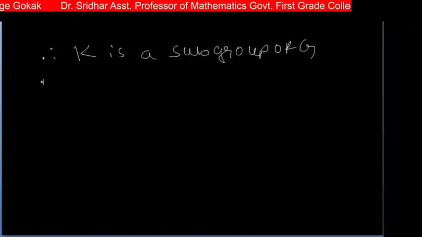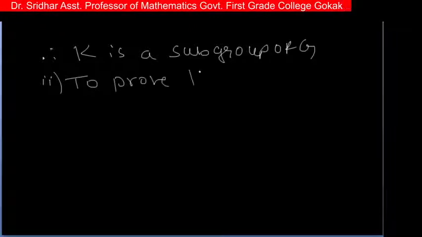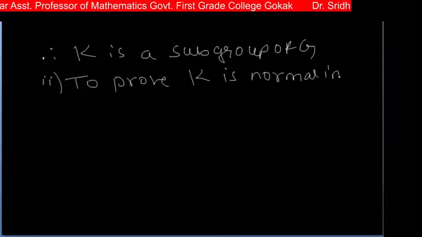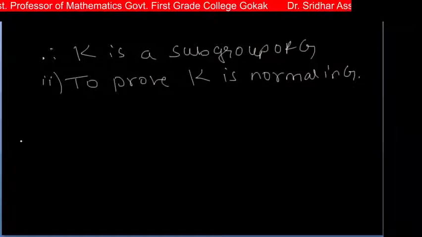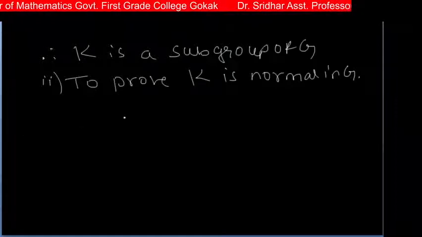Next, second step, to prove K is normal in G. What do we have to show?